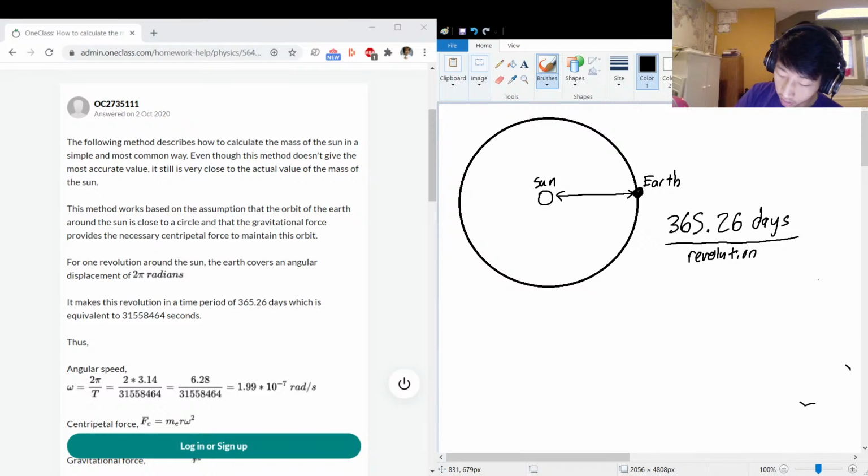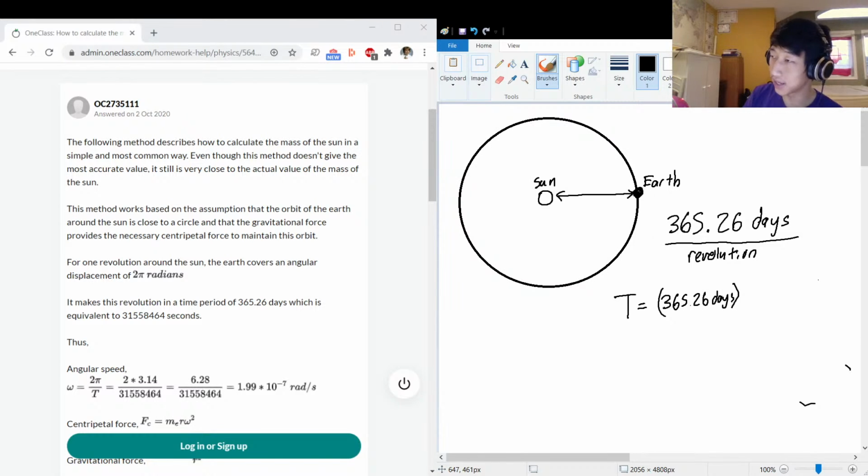Okay, so this is our period of rotation, and the period is represented by the letter T. Why? Good question. Our period is 365.26 days. Let's try to get it into seconds, right?